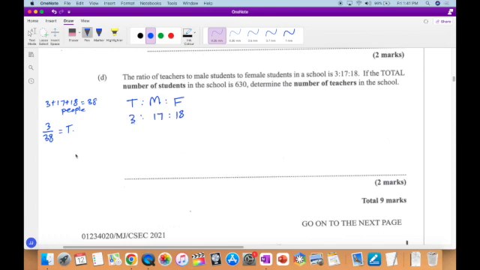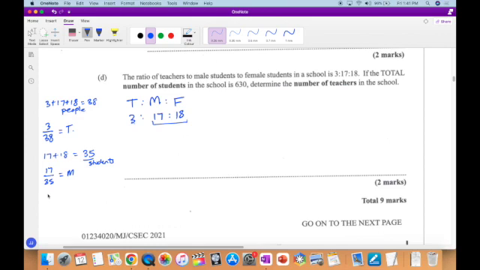But then when we're talking about students now, well, this is the section of students. So with 17 plus 18, that is what, 35? Right? So now we can see that 17 out of 35 will be male students, and this is out of the students, right? This is students.